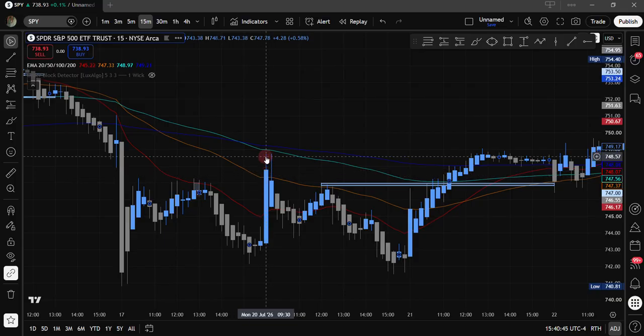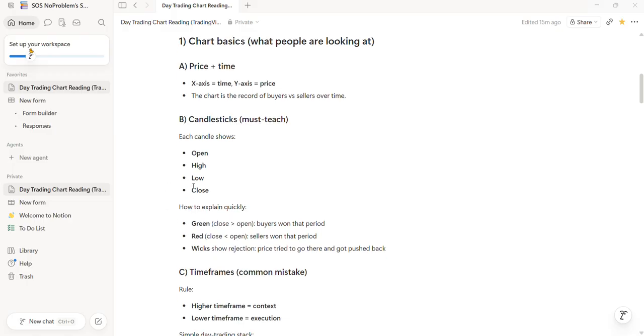Buyers had pushed price to 748, but sellers were showing some pressure and had buyers close at 747. Overall, buyers won this period, because you can see price opened here and buyers took price all the way from 743 to 747. So that's the difference between a bullish candle and a bearish candle. Hopefully that explains what that means.